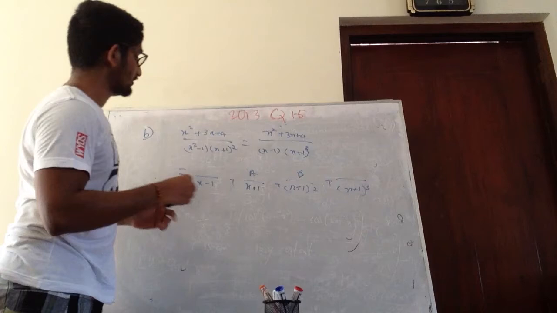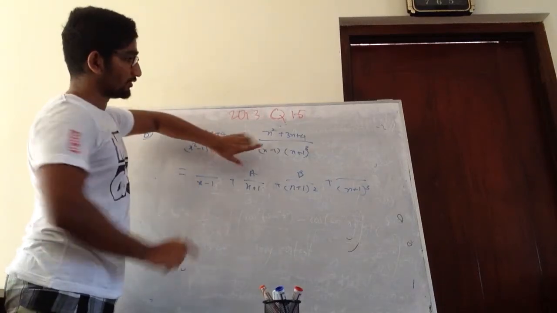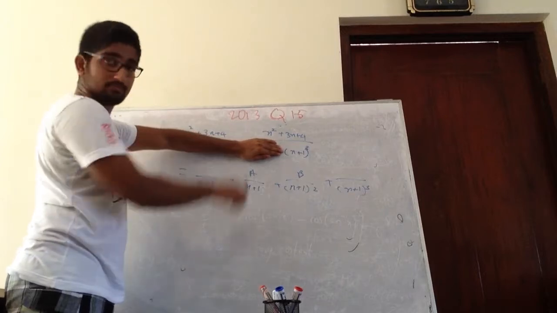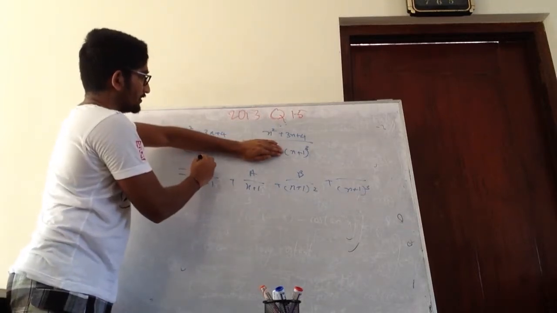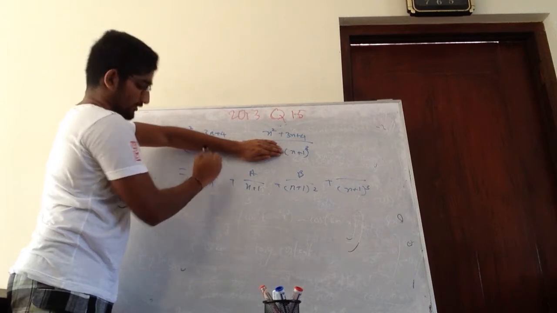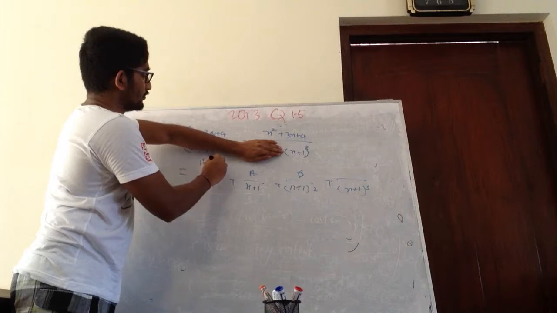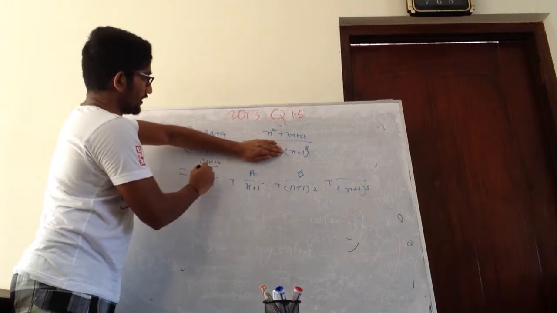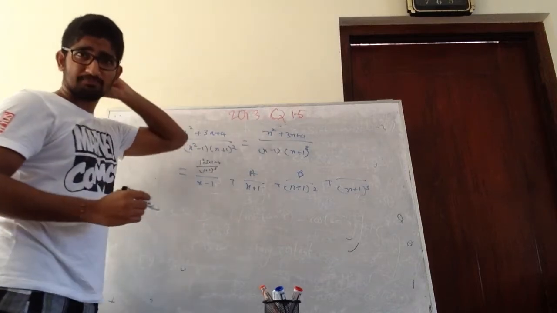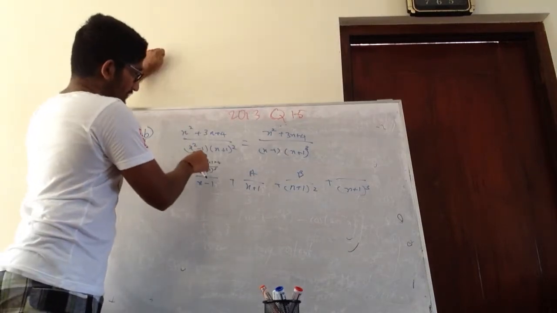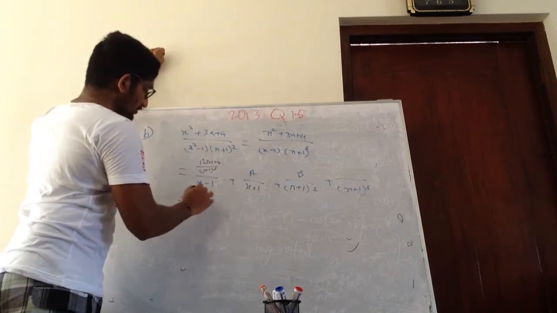So you are going to put x equals 1 and close this thing. That means it's going to be 1 squared plus 3 into 1 plus 4 over 1 plus 1 cubed. Correct? This is basically 1 plus 3 plus 4 is 8. 8 over 8 is 1. Right, so this is going to be 1.